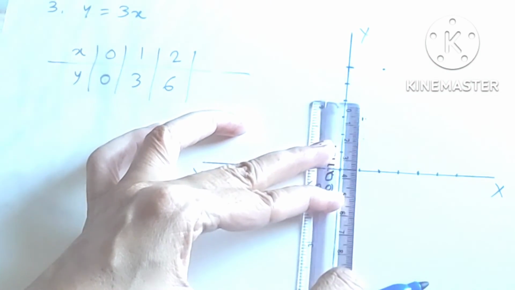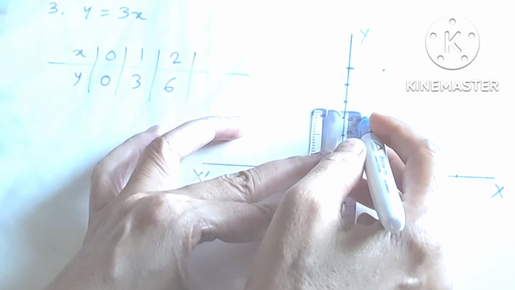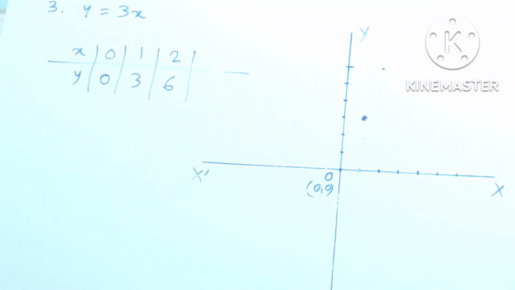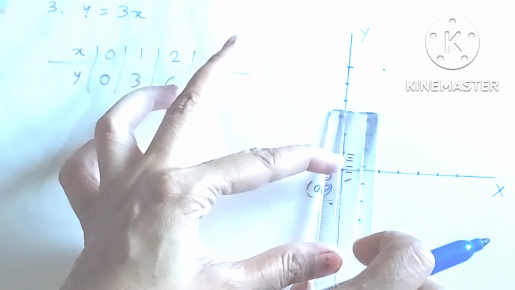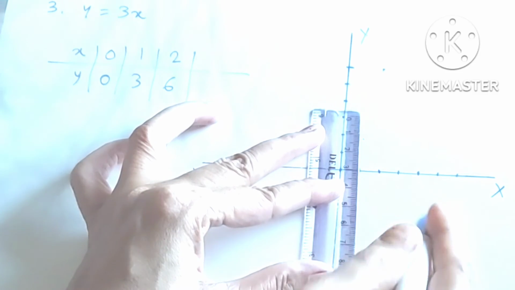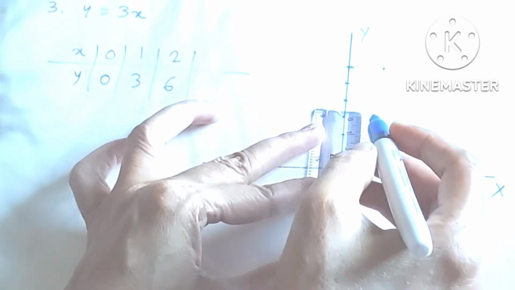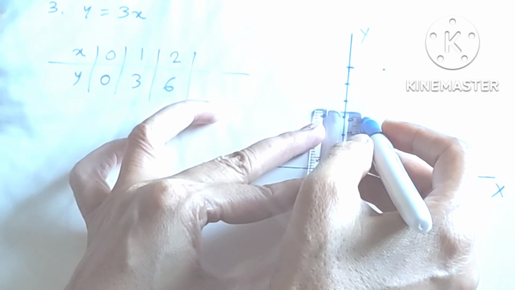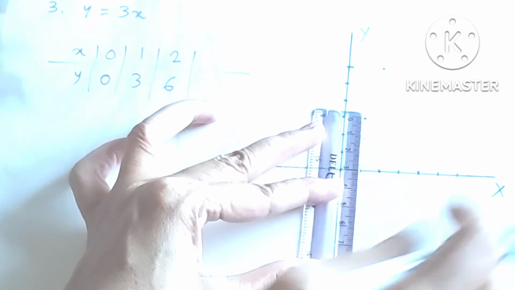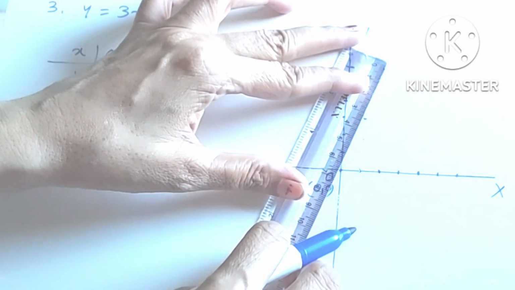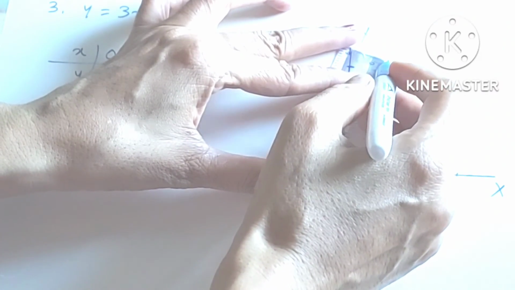Here 1, 3. Now we have to draw a line from these points.